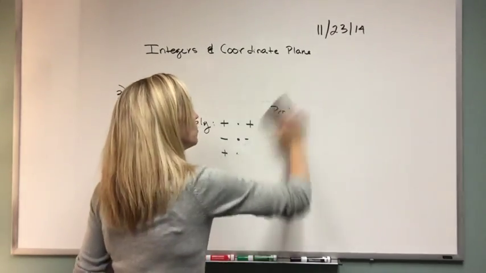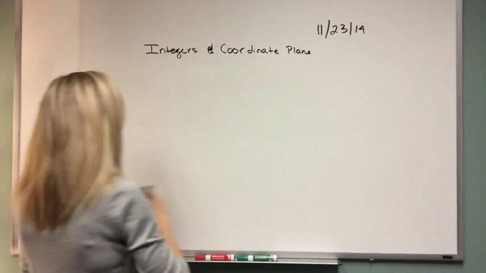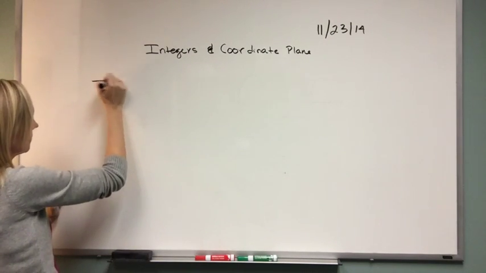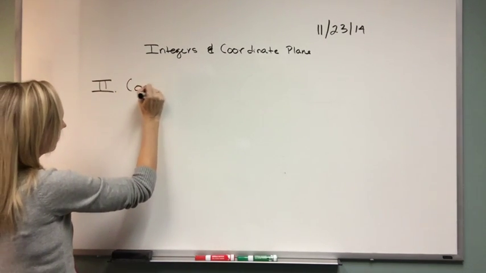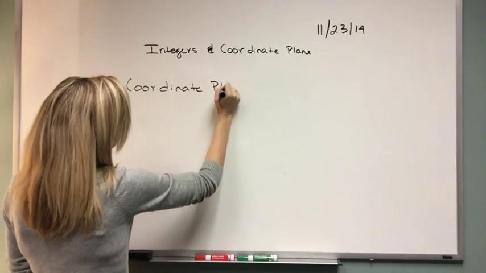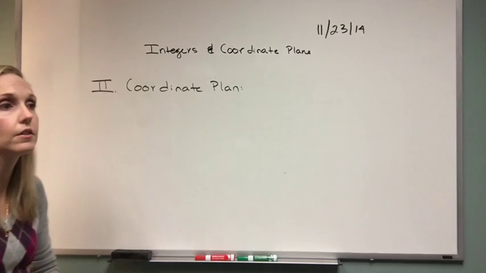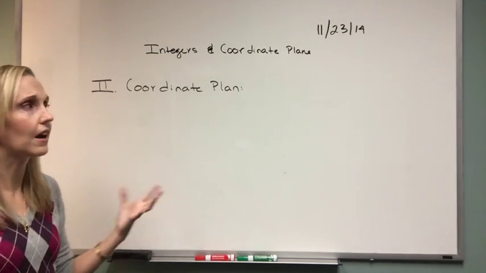So, Roman numeral number 2. So we love coordinate planes. They're really, really useful. They prove a lot of things.